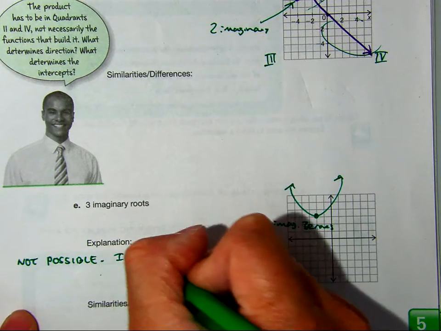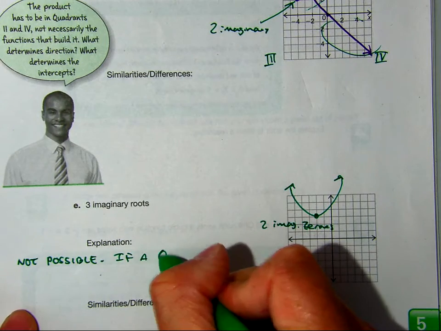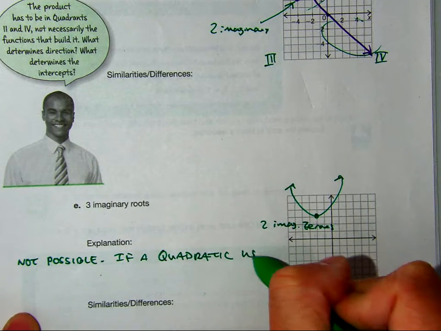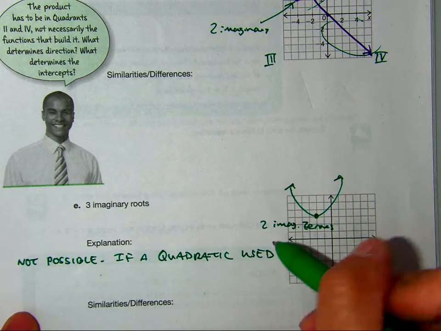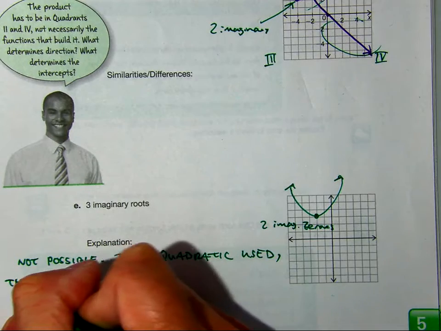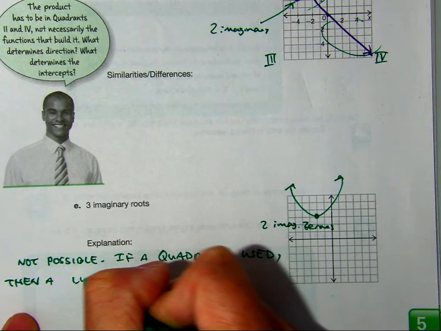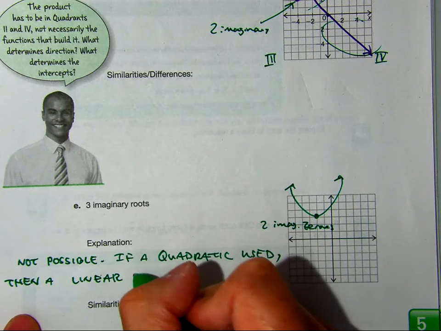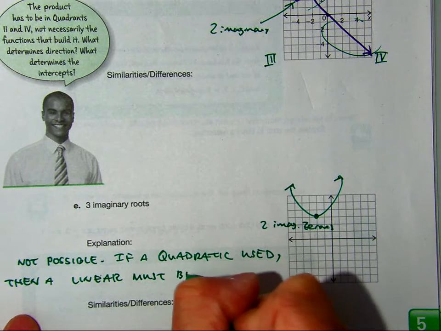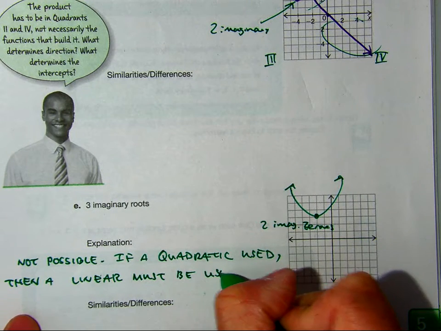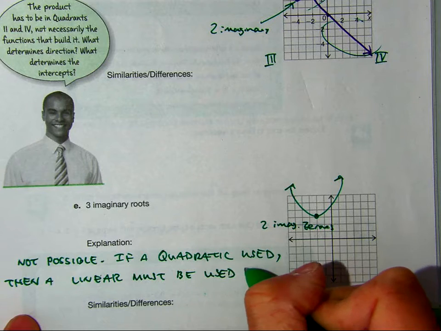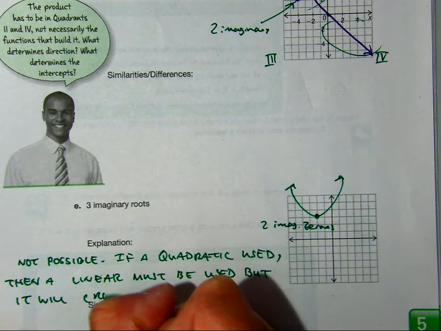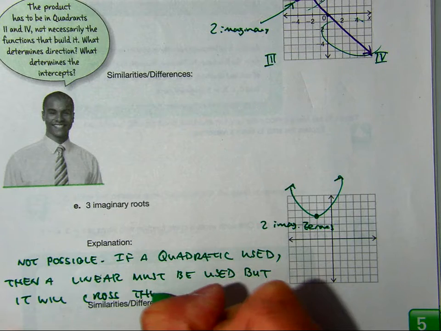If a quadratic is used, then a linear must be used, but it will cross the x-axis.